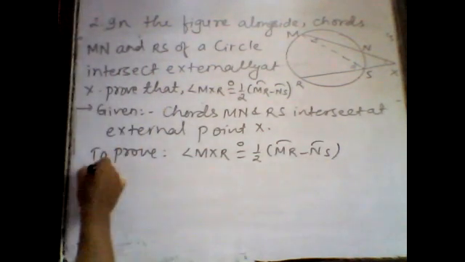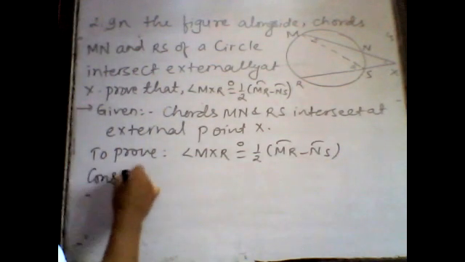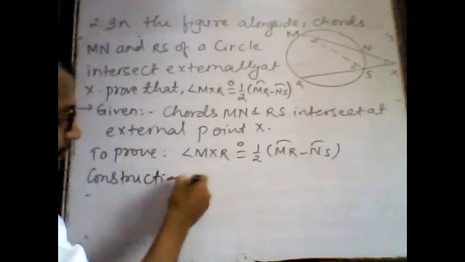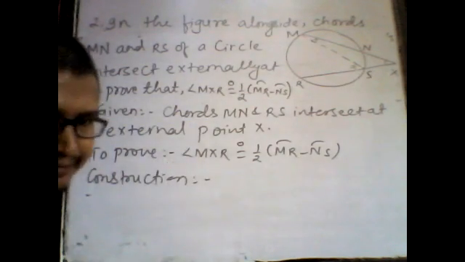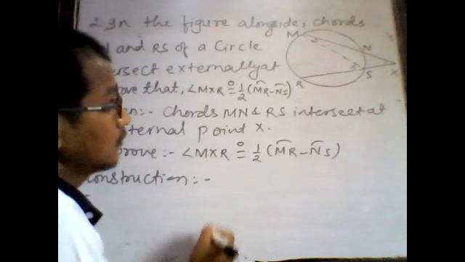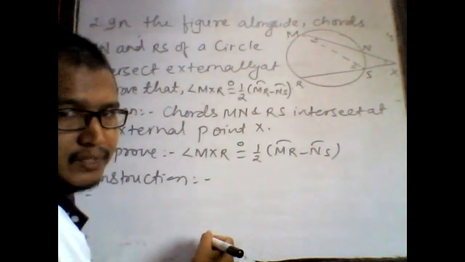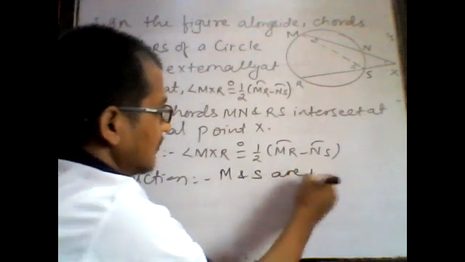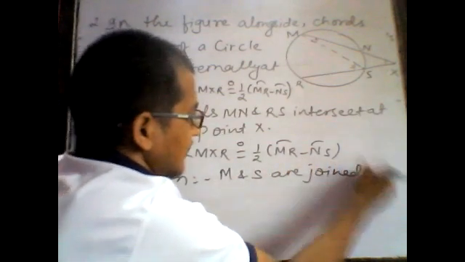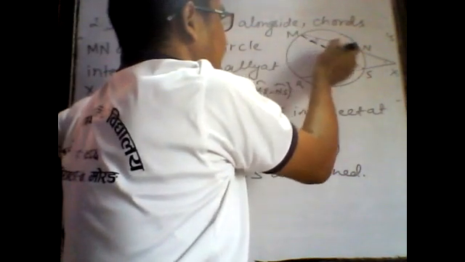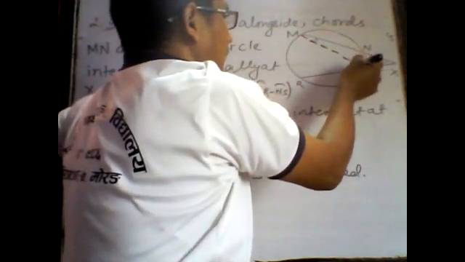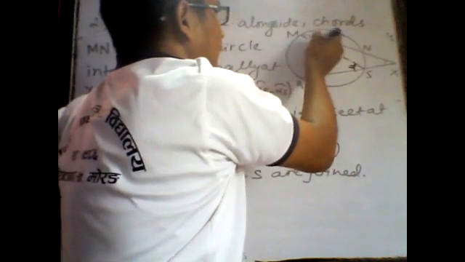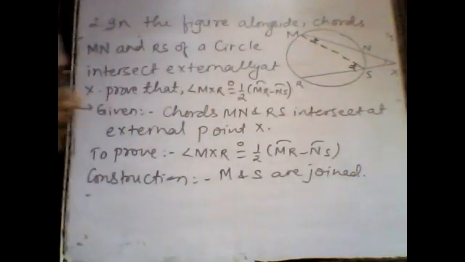So we need construction here. Verification information is insufficient. Construction: join MS or NR. Mark the angle values for arc MR and arc NS.